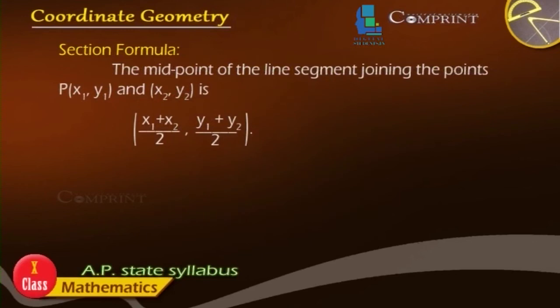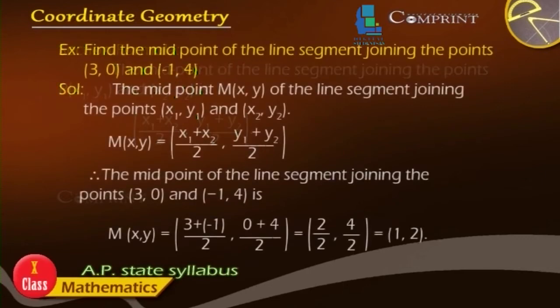Section formula: the midpoint of the line segment joining the points P (x1, y1) and (x2, y2) is (x1 plus x2) by 2, comma (y1 plus y2) by 2. Example: find the midpoint of the line segment joining the points (3, 0) and (-1, 4).